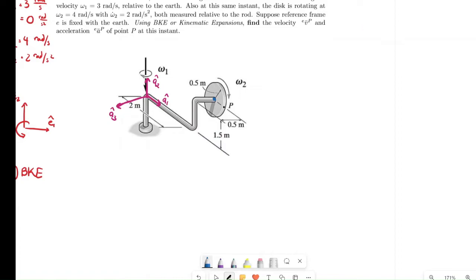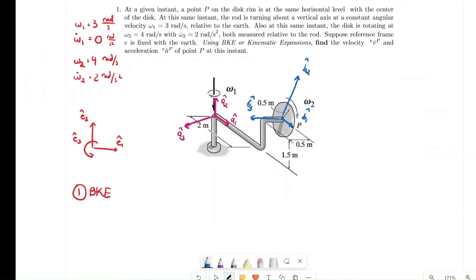So I'm going to have one unit vector pointing towards point P at all times, and I'm going to call that B1 hat. Then I'm going to have another one perpendicular to B1 hat, and I'll call that B2 hat. And then B3 hat is pointing out of the disk from right hand rule, so it points out this way.